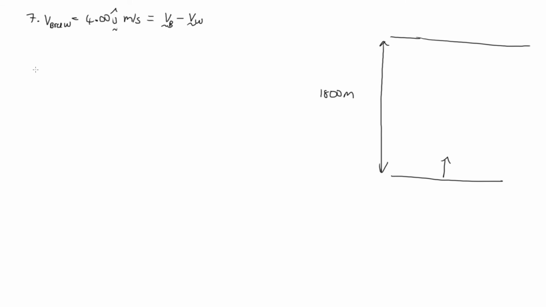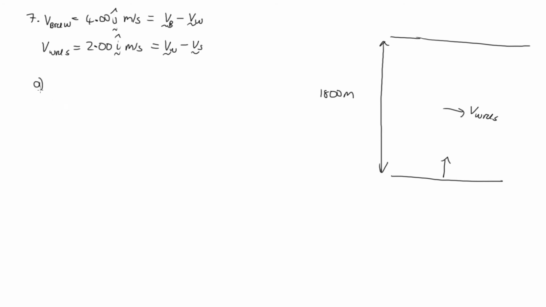Now, we're also told that the velocity of the water relative to the shore is given by 2 meters per second, and we can see that's in the horizontal direction. So the velocity of the water relative to the shore is equal to 2, and that's in the I direction, in meters per second, and we know that that's equal to the velocity of the water minus the velocity of the shore.